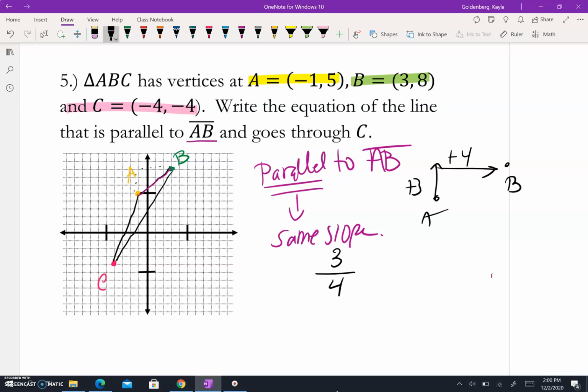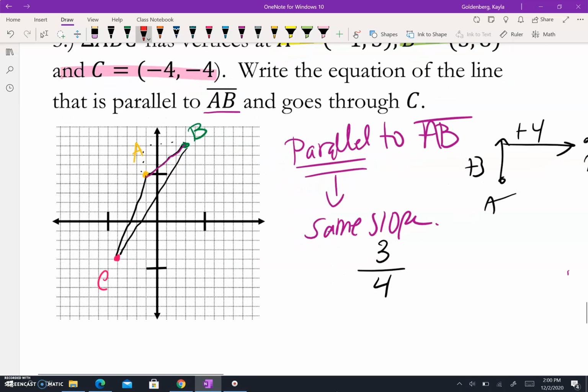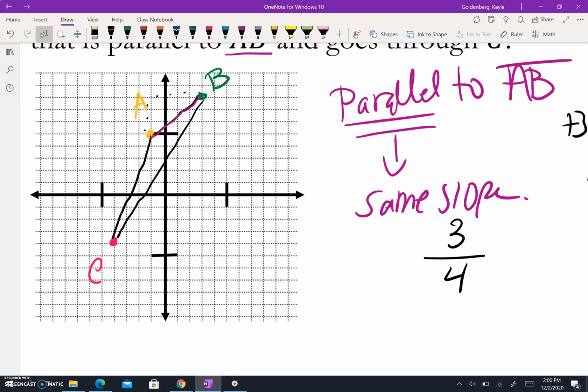And we need to go through C. So let's follow that slope along. I'm going to get a different color. I'm going to use red, and I'm going to kind of zoom in, and I want to go up 3 over 4. So up 3 over 1, 2, 3, 4. And that's actually perfect. So I need the equation of this line.